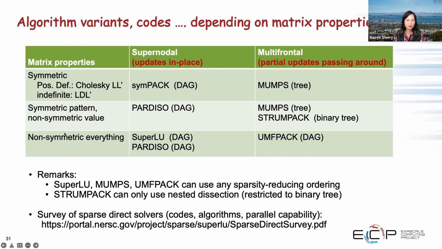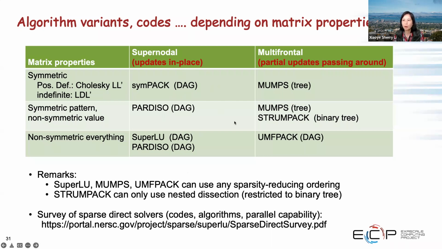All these different properties could dictate how complex your internal metadata, your LU data structure, needs to be designed. So it's a very complicated issue. For the matrix property, you can have symmetric positive definite. And then if you go to more general, you can have a symmetric pattern and non-symmetric values. And the most general is non-symmetric: everything is non-symmetric, both pattern and value.